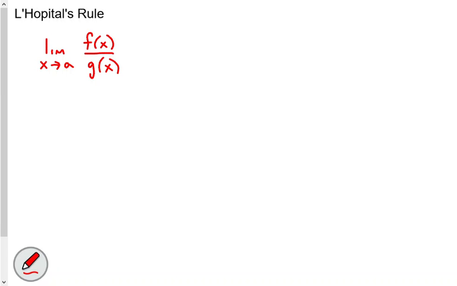Now what tells me that I can apply L'Hopital's rule is that if I plug in a for f, I would get 0. And if I plugged in a for g, I would also get 0, right?